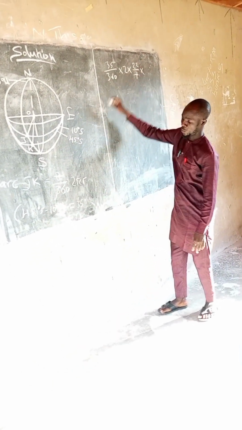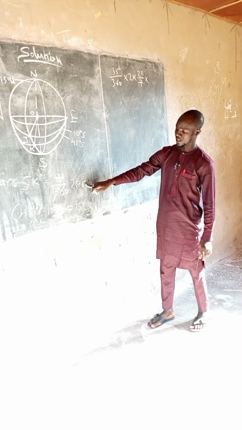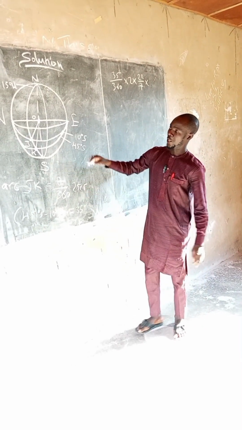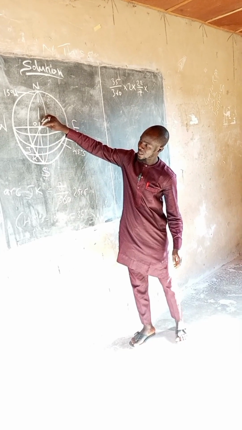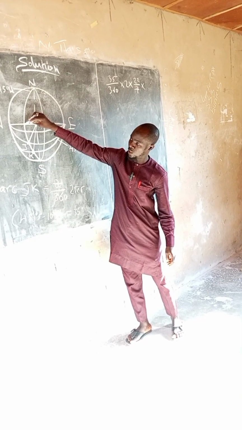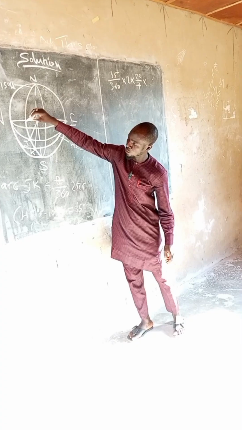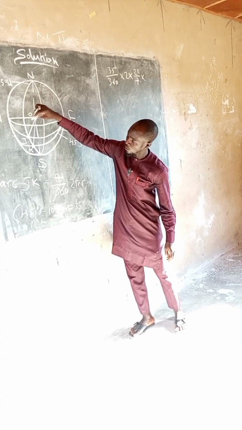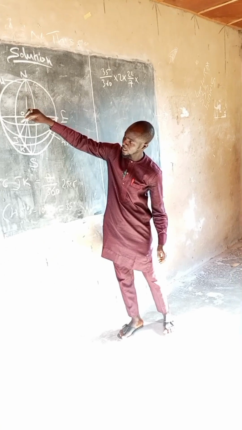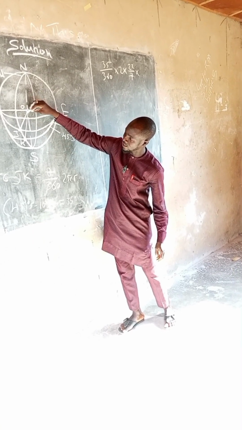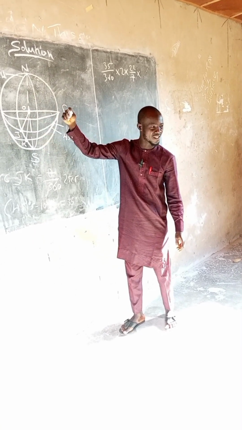So we just need to say 22 over 7 times R. Since we are calculating R, when we say R, you need to remember that when you come from the center of the earth to the mini circle, or let's say from here to here, that gives you the value of the radius. If here gives you the value of the radius, it means that the distance from here to here will still be the same value.